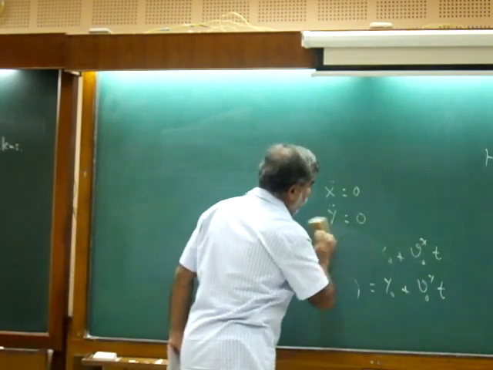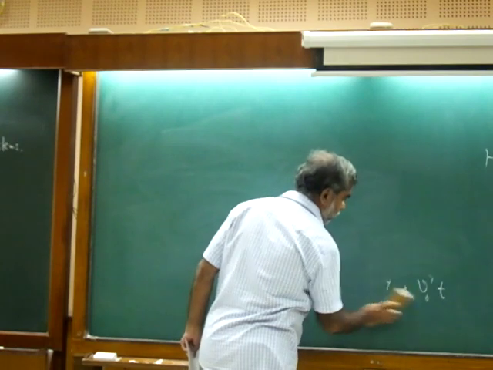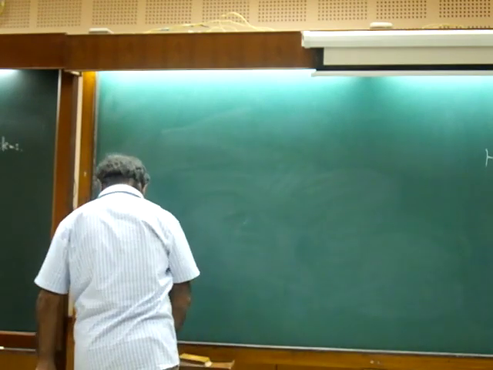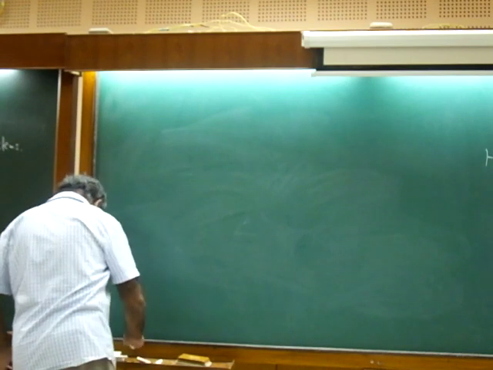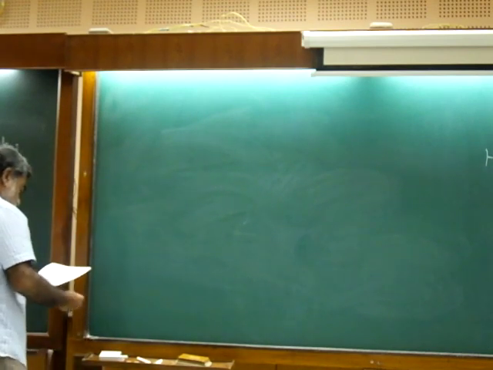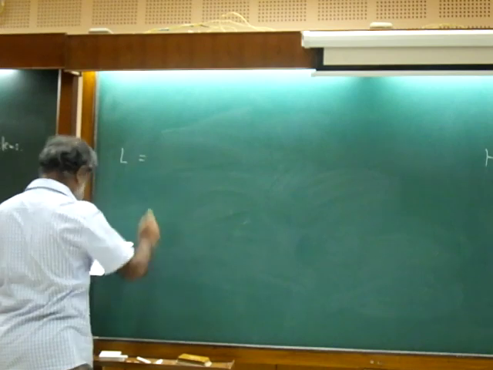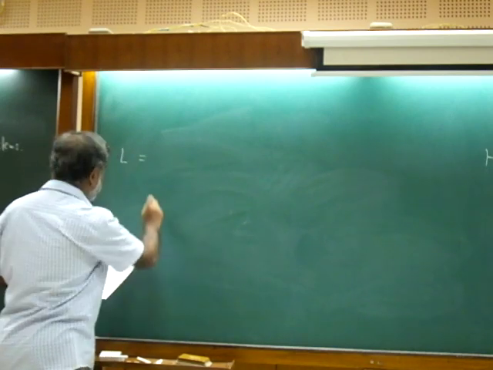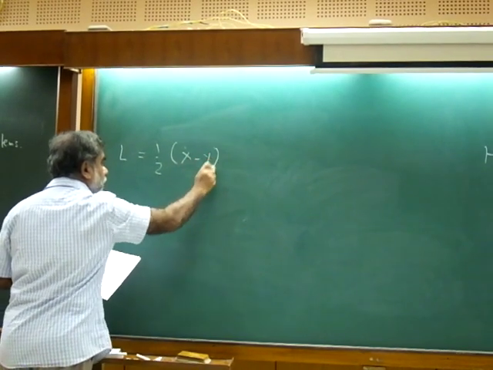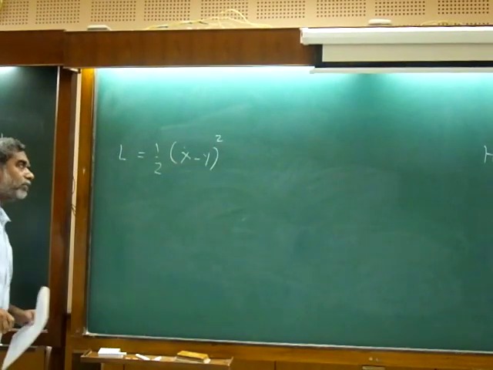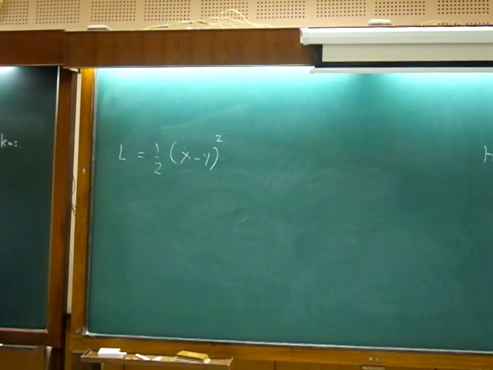Okay, so we will take this example. Take the following Lagrangian, C of half (x dot minus y) whole square.